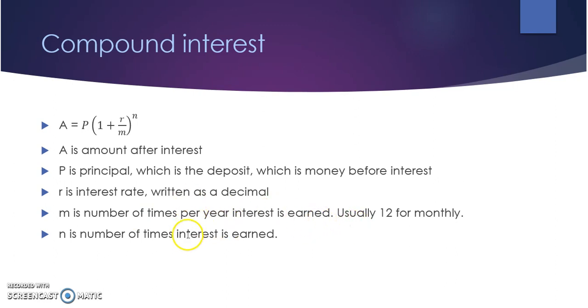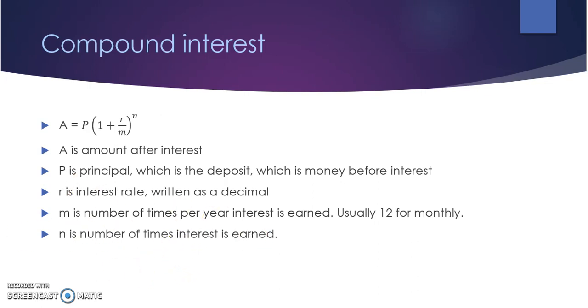That makes it a little different from the next one. Often banks will give you an account which pays interest every month, and so in our formulas, this M usually becomes a 12. Monthly means 12 times per year. N is the number of times you do earn interest. M is per year, and N is the total number of times, period. Not in years, just however many times.